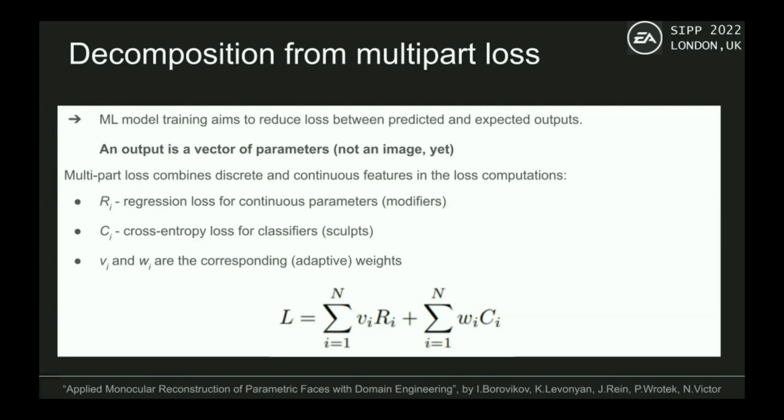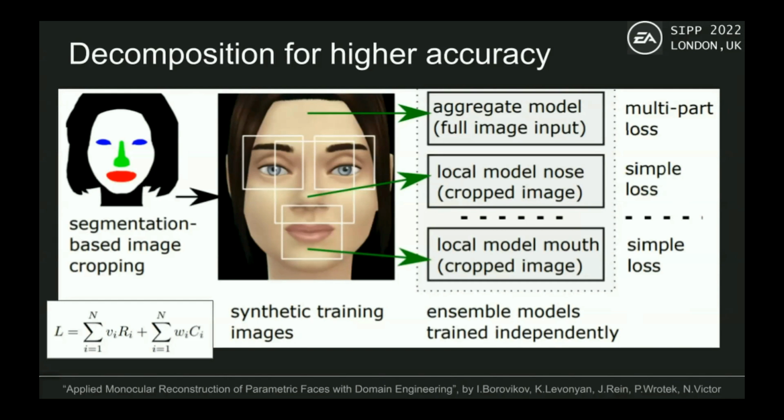The natural organization of loss terms by region is important. We use it as the basis for the decomposition later. Now, the multipart loss corresponds to a single Inception model that computes an aggregate output vector shown at the top right of this slide. Such a model performs reasonably well, but there is a way to improve it using decomposition and ensembling.